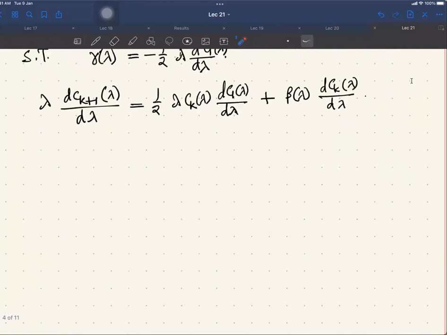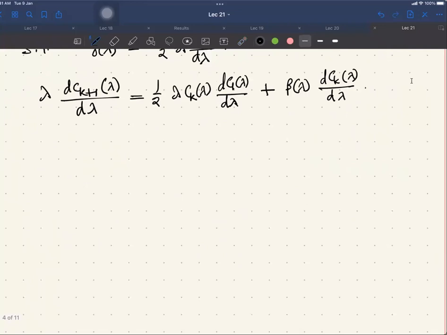So let me now go into discussing the flow equation for the proper vertex. This is called the renormalization group equation. There is no group theory here.